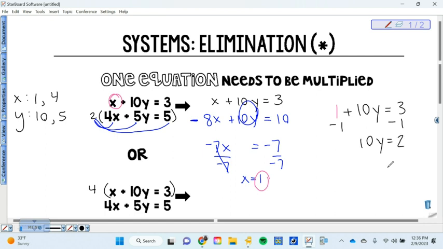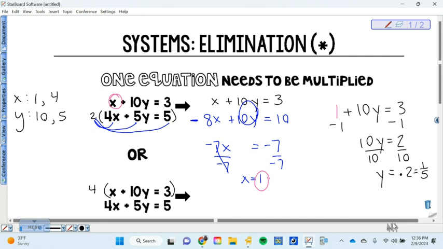And then what do I do? Divide by 10, divide by 10. So y equals 0.2. Or if I wanted to write it as a fraction, that's 1/5. Cool? Does that make sense?